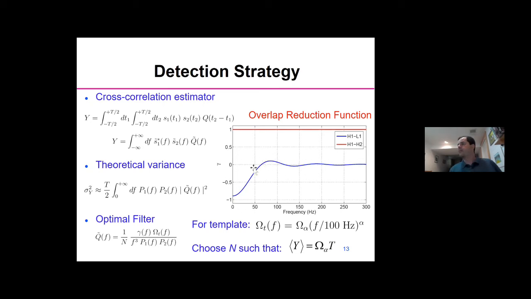So it favors the frequencies below 60 hertz or so. So in the end, when you put all of that together, we lose very quickly the sensitivity at high frequencies, and this is really what we end up using. This region here below 60-ish hertz tends to be the most interesting for the stochastic searches.